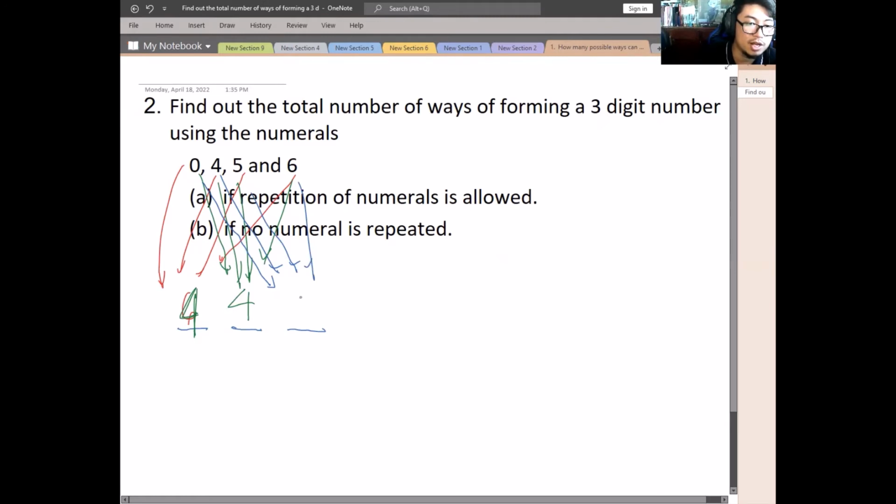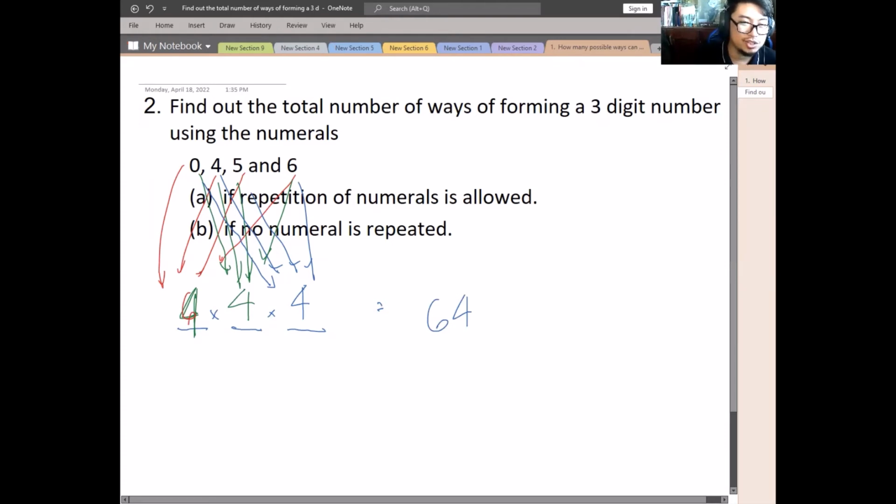So that will also be 4 ways. By the multiplication method, there are 4 ways in each digit, so 4 times 4 times 4 is 64 ways. For letter A, 64 ways or 64 combinations.